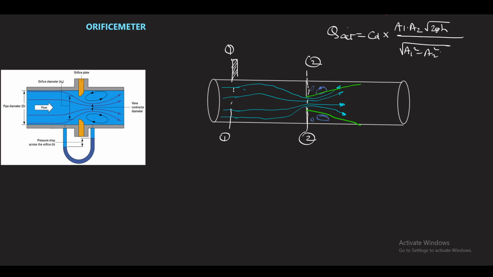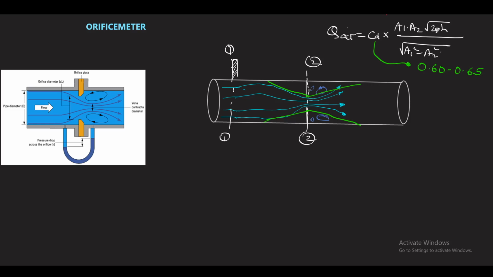Due to that energy loss, the CD value in the case of the orifice meter is much lesser, about 0.6 to 0.65, because there is no particular convergent cone and there is no divergent cone. So the CD value here is much lesser than we calculated in the venturimeter.